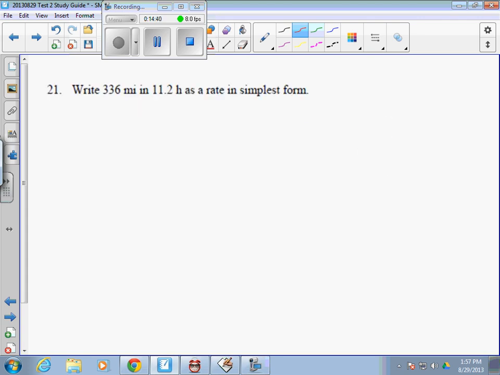21 says write 336 miles in 11.2 hours as a rate in simplest form. Well, rate equals distance over time. So we don't know what our rate is, but we do know we have a distance measurement, 336 miles, and we do know that we have a time measurement, 11.2 hours.